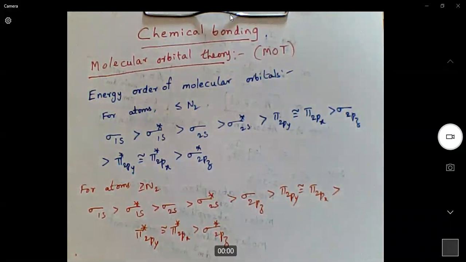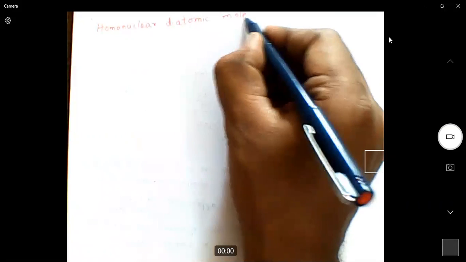Now we will try to learn how to construct these molecular orbitals. We will start with some simple homonuclear diatomic molecules. Diatomic means a molecule which has two atoms.